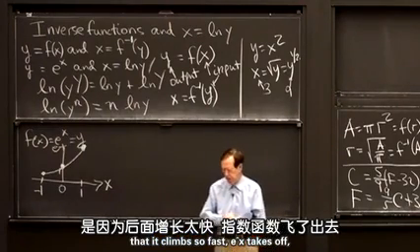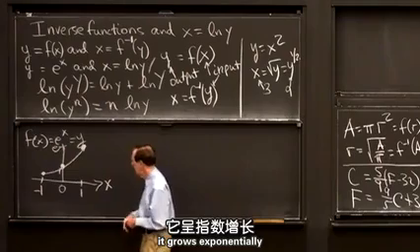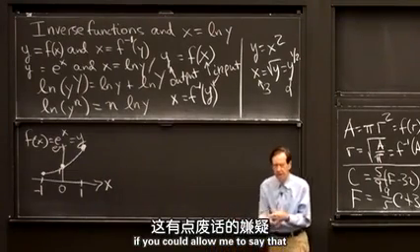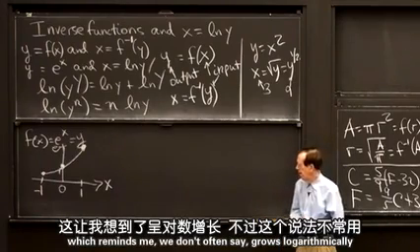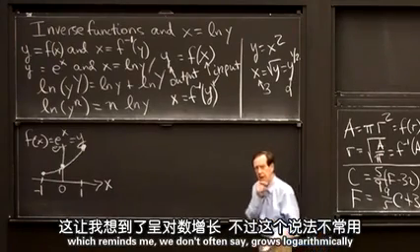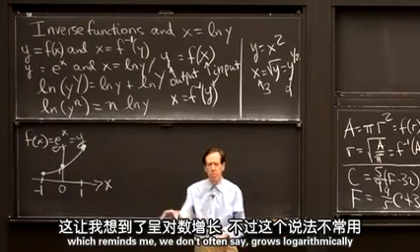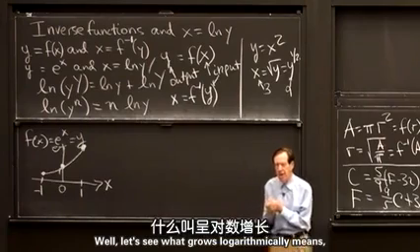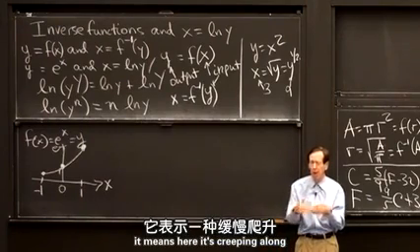E to the x takes off. It grows exponentially, if you can allow me to say that. Which reminds me, we don't often say grows logarithmically. Well, let's see what grows logarithmically means. It means sort of creeping along.